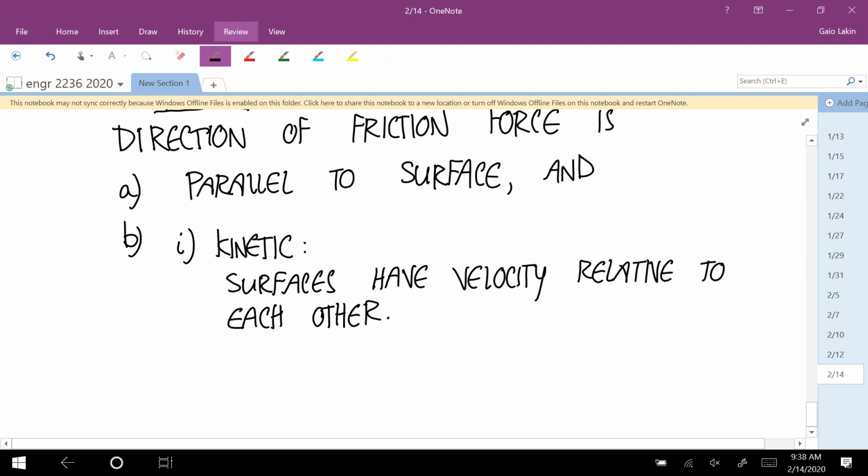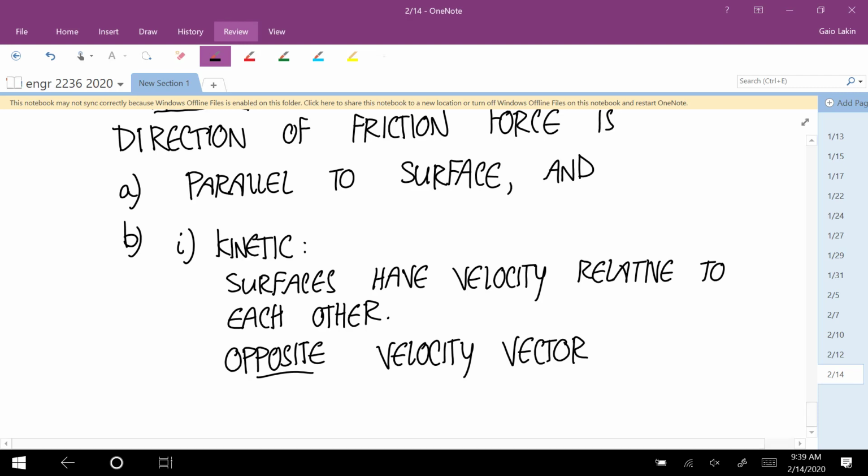In that case, the direction of the friction force is opposite the velocity vector. So if the object is sliding this way, the kinetic friction force is this way. Okay.